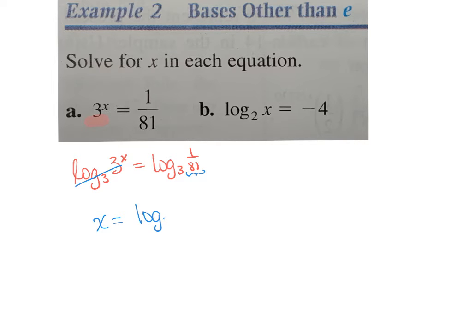So I have log base 3 of 3 to the negative 4, right? 3 to the 4th would be 81, so 3 to the negative 4 would be 1 over 81. You have to be able to recognize you have a like base. If you notice that, then you will be able to cancel out this base on the right-hand side as well, and you will get just x equals negative 4.